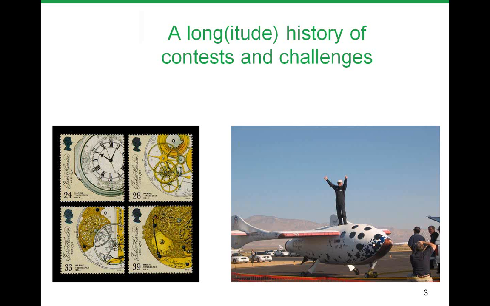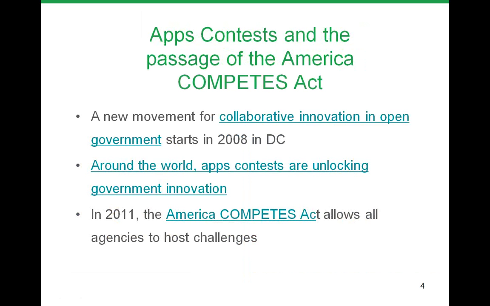More recently, the X Prize has been stimulating development in the private sector. And what's interesting to watch here, and you can see on the webinar a picture of a plane that successfully made it into orbit, and we're seeing more happen in that space now that NASA's backed a bit off manned spaceflight, is that some different things have happened just in the past several years which has accelerated this movement.